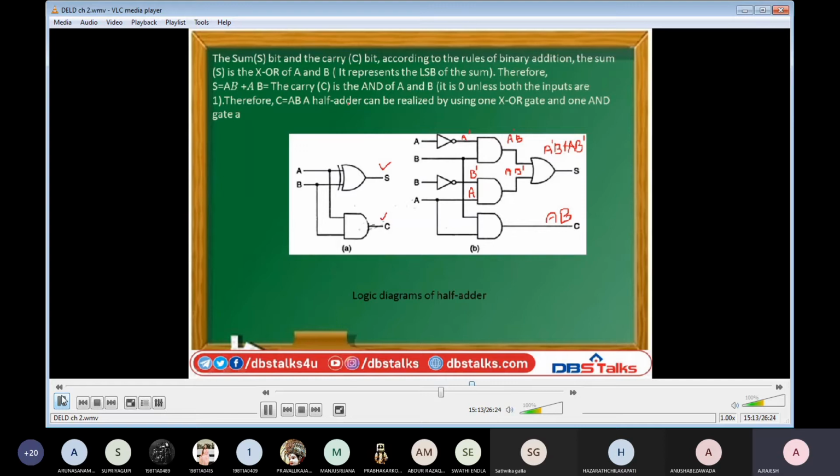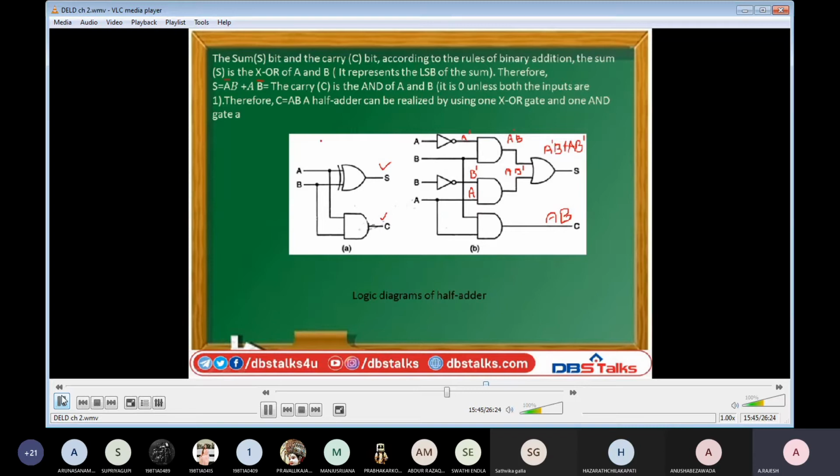The carry C is the AND of A and B. The carry is 0 unless both the inputs are 1. Therefore C is equal to AB.